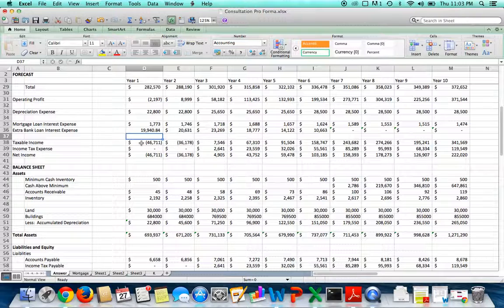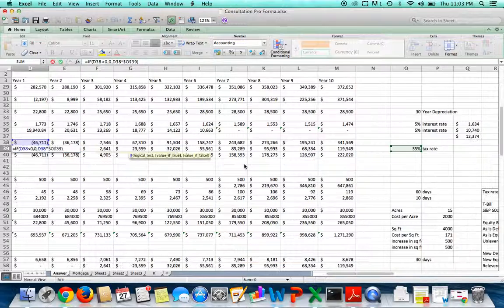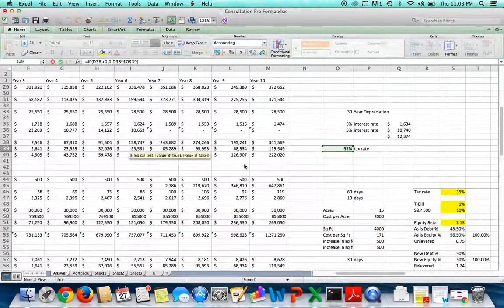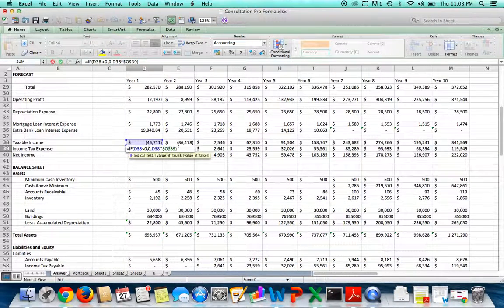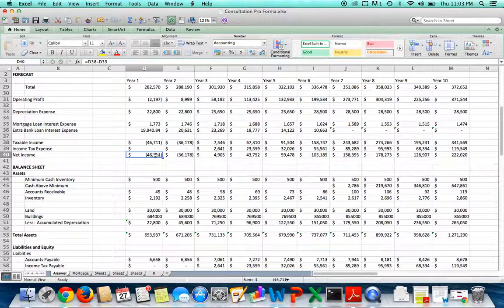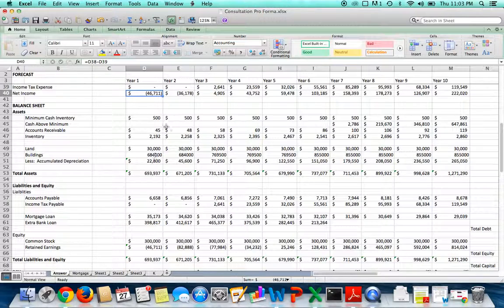Then we get our taxable income and our income tax expense at a 35% tax rate, using an if statement to make sure that if it's negative, it's a 0, and then we get our net income. After that, we have our minimum cash inventory of $500, we decided. Our cash above minimum.